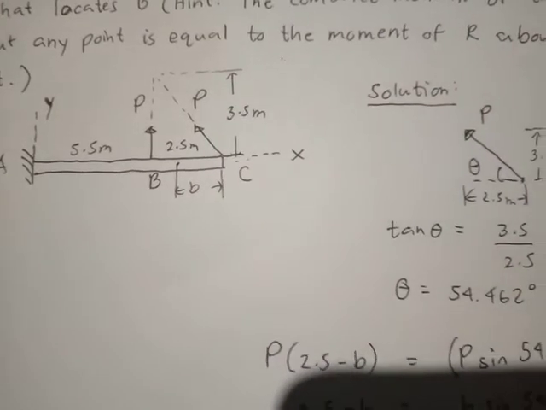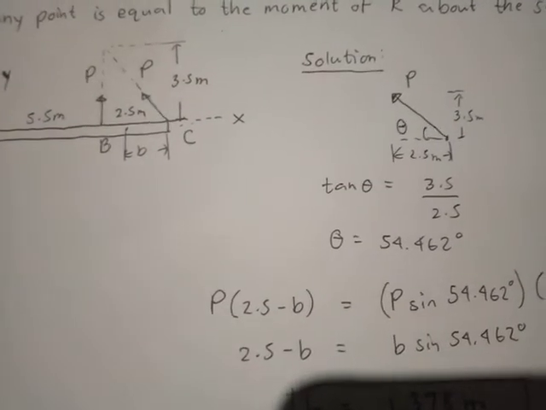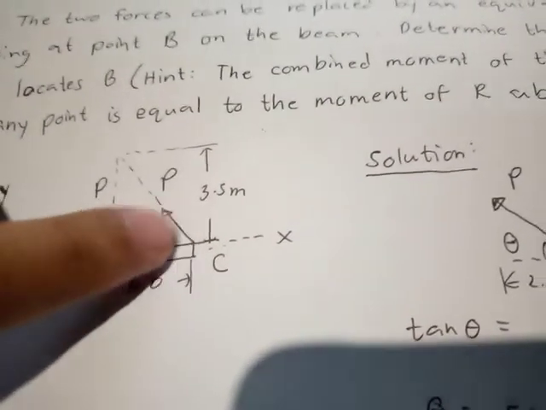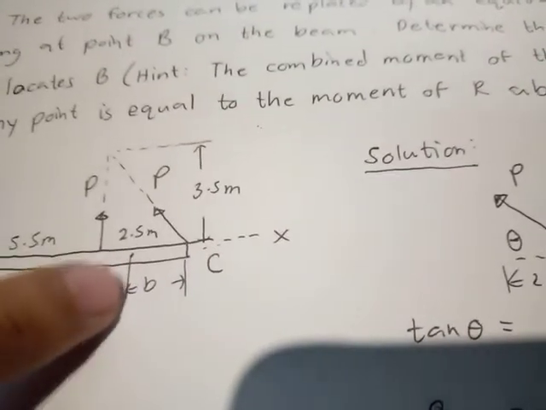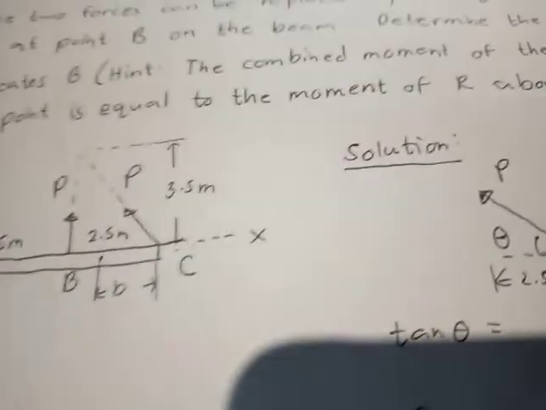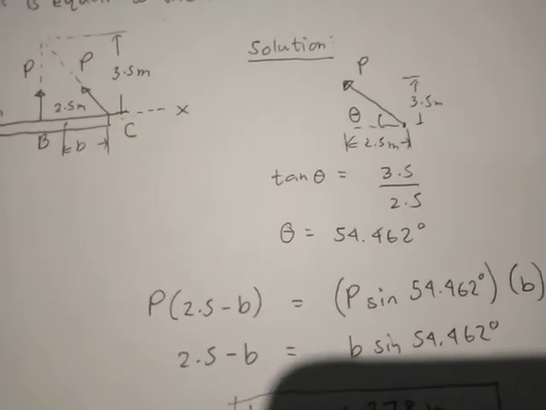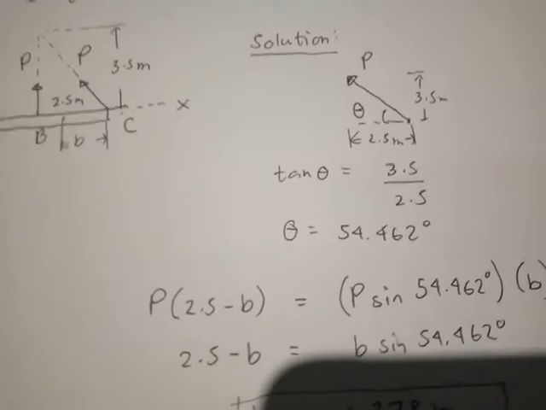Since the y-axis is 3.5 and the x-axis is 2.5, if we assume the angle between P and the horizontal is theta, then tangent theta is y over x, which is 3.5 over 2.5. So theta is 54.462 degrees.